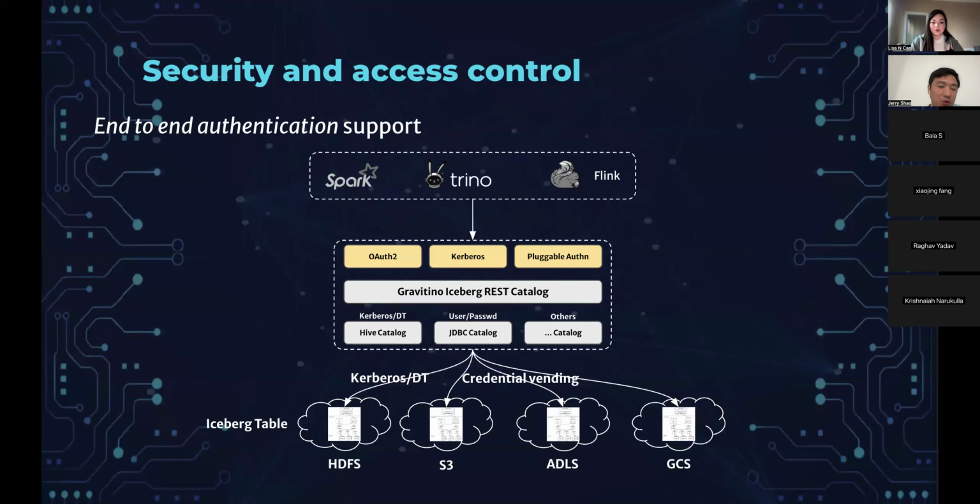For example, if you want to access the Iceberg table on S3, when credential vending is enabled, the Gravitino server will get a temporary token and pass the token to the client, and the client will use this token to talk to S3 and get authenticated. So this is end-to-end authentication, and this is very important, and it lets the user know who can access and who is who.